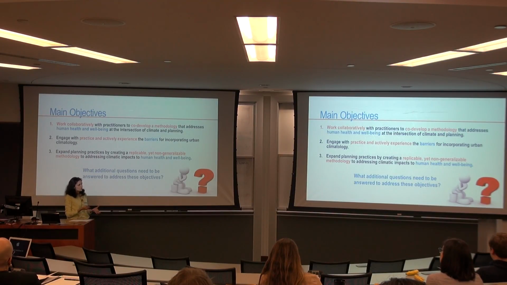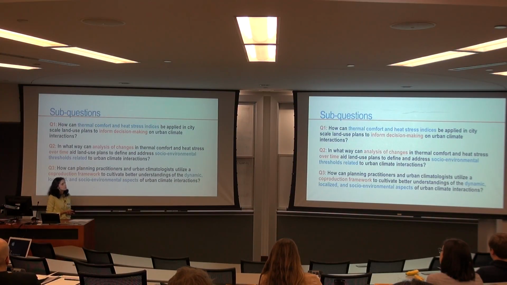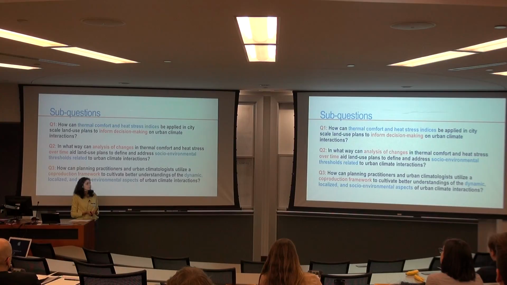So what additional questions do I need to be answered to address these objectives? Well, my first sub-question is, how can thermal comfort and heat stress indices be applied in the city scale for land use plans to inform decision makers on urban climate interactions?